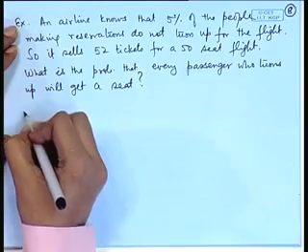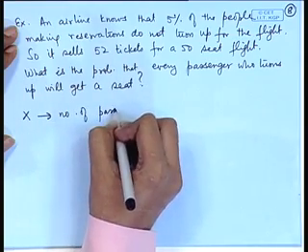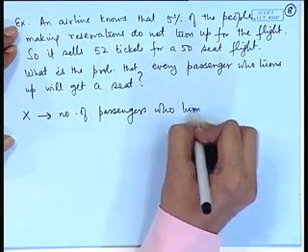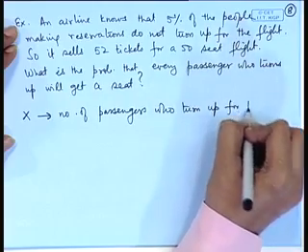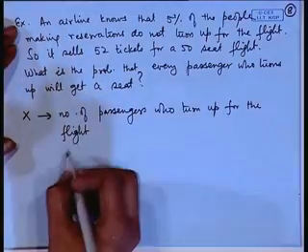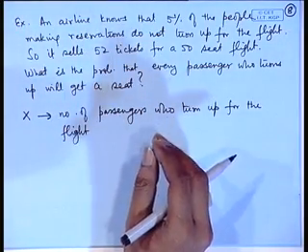So, if I say x is the number of passengers who turn up for the flight, then this can be considered as a collection of Bernoullian trials. That means, a passenger purchasing a ticket may turn up or may not turn up. So, turning up may be considered as success and not turning up as a failure, or vice versa.